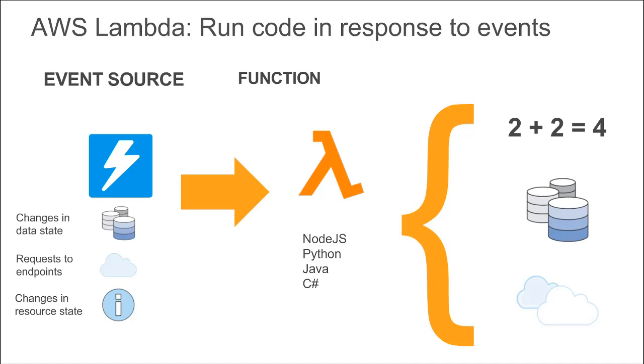And so we can build basically responses to web requests or to web service requests, or a change in the resource state. And that's a resource inside AWS's environment. Something changes inside your configuration in AWS. And then we kick off that process and it runs.